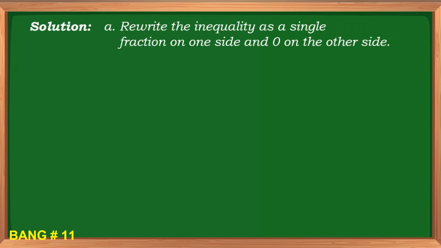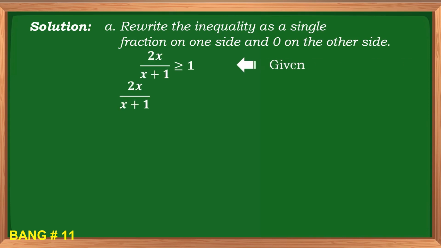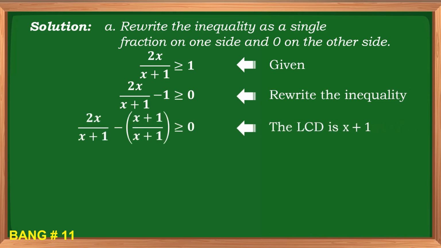Solution. Rewrite the inequality as a single rational fraction on one side and 0 on the other side. So that shows 2x all over x plus 1 minus 1 is greater than or equal to 0. Then, we identify x plus 1 as the least common denominator for this inequality. We combine the terms in the numerator over the denominator.